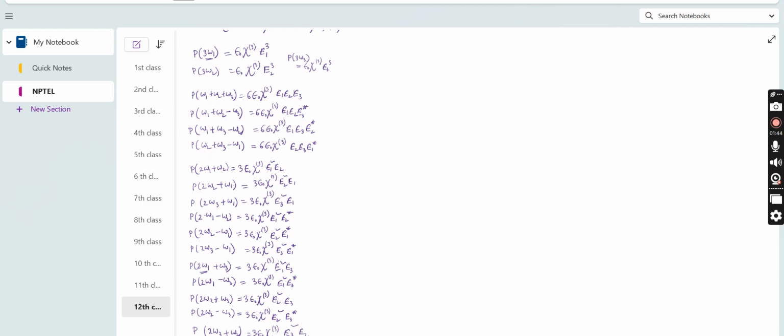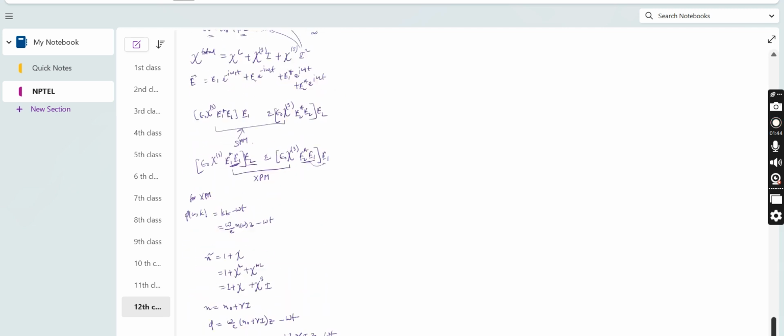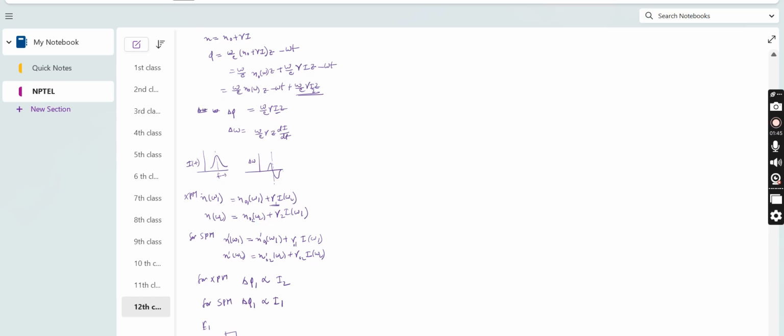Further, if you want to study each component, you will see that because of these components, we will see another kind of phenomena. But for a gist, I have shown you how the refractive index changes. Alpha is also changing in the same way.